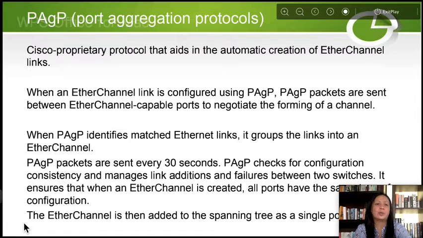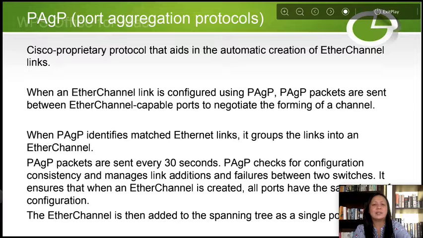And now the Port Aggregation Protocol or PAgP. It is a Cisco proprietary protocol that aids in the automatic creation of EtherChannel links. When an EtherChannel link is configured using PAgP, packets are sent between EtherChannel capable ports to negotiate the forming of a channel. When PAgP identifies matched Ethernet links, it groups the links into an EtherChannel.